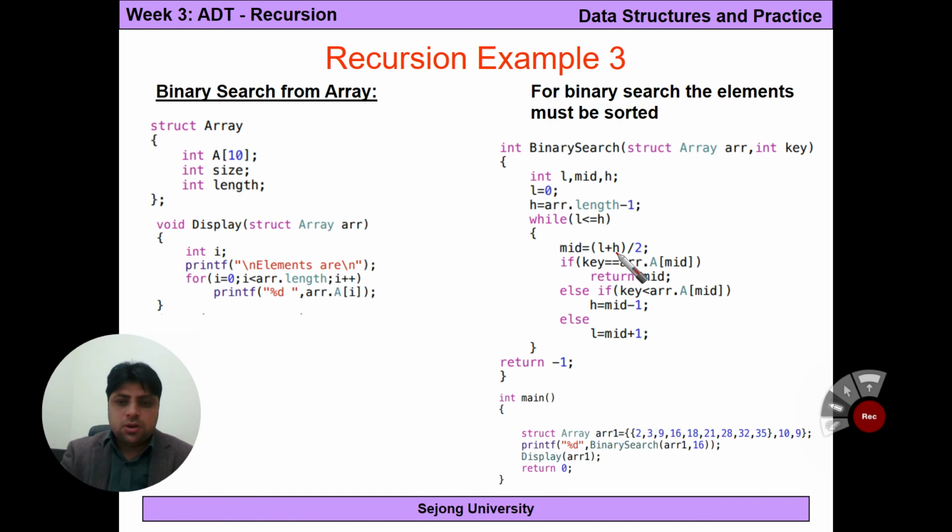So for the mid value we have to check between 0 to 1, and then 1 to the higher value. So we will be applying the floor operation on the mid value in case of the sum being an odd number. Okay, so this is how the binary search will be performed.